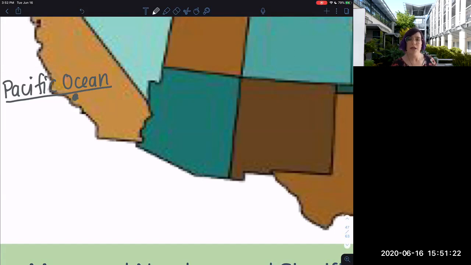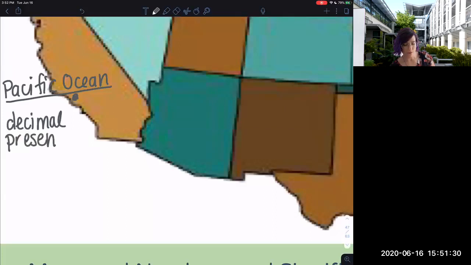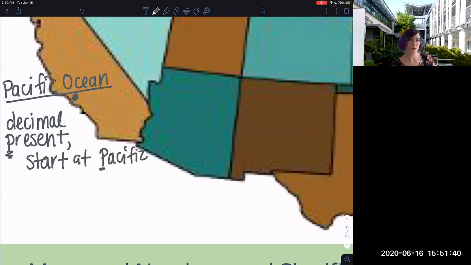And so the Pacific rule says if a decimal is present, start at Pacific, which is the left side of the number. So like on the left of the US, if you're looking at a map, the Pacific is the left side of the number. You're going to move to the right, like a cross-country trip.